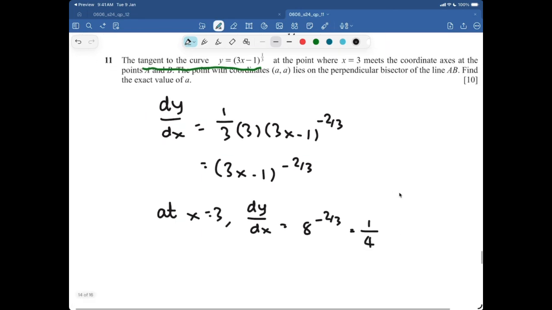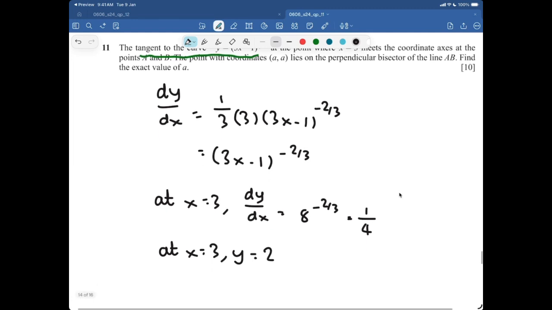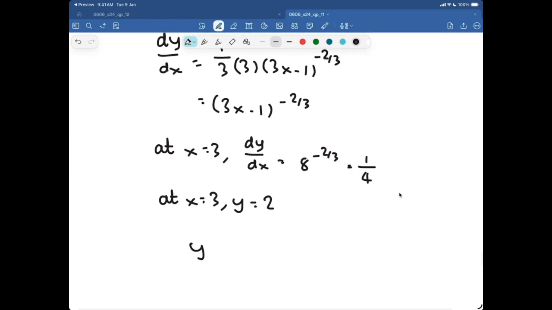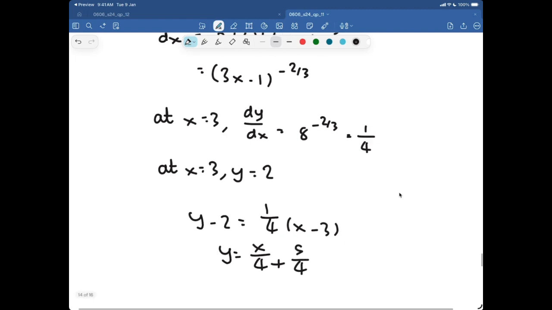So this tangent is calculated as, let's see, at x equals 3, y equals 8 to the power of a third, which is 2. So therefore, y minus 2 is equal to 1 over 4 times (x minus 3). So y equals x over 4 plus 5 over 4.